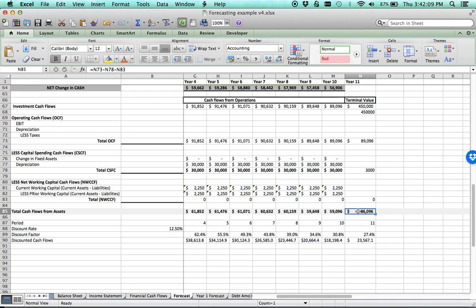So this is the cash flow in year 11, but it is not the cash flow for everything from year 11 and beyond. And so what I'm going to do is put out here another year value at year 11. It'll have the same discount factor. And we'll call this my terminal value. And the terminal value we calculated was $450,000.